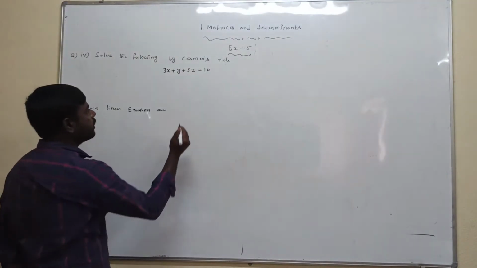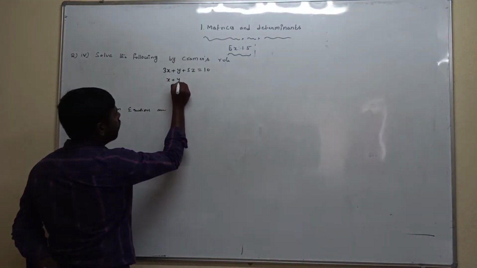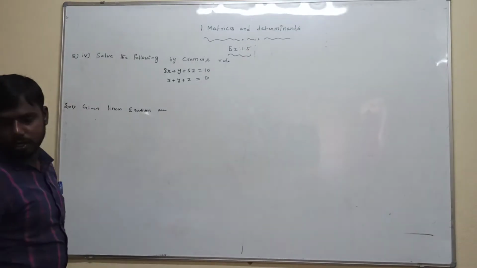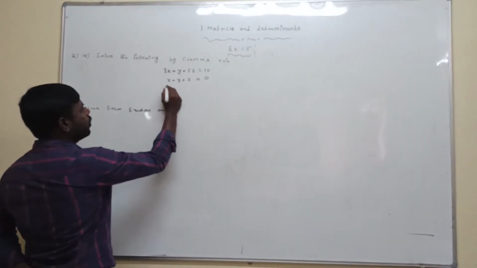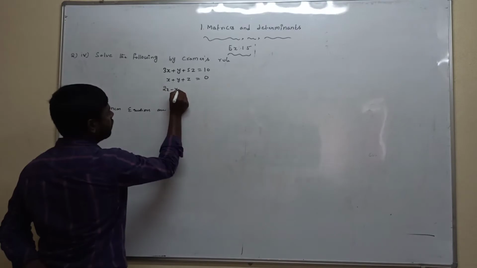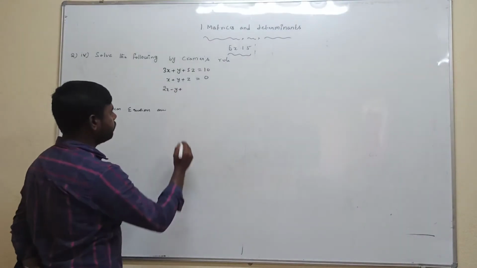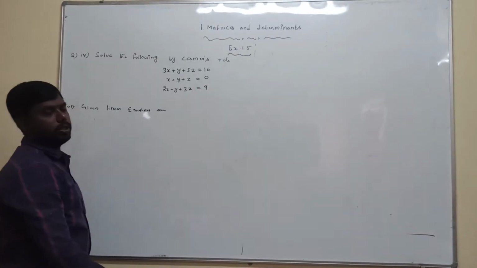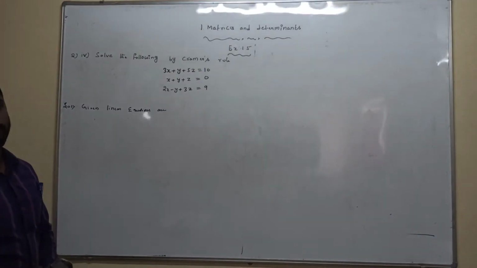Second linear equation is x plus y plus z is equal to 0. Third linear equation is 2x minus y plus 3z is equal to 9. So this question also, by using the Cramer rule, we have to find the x, y, z value.